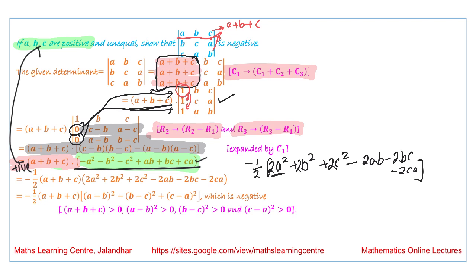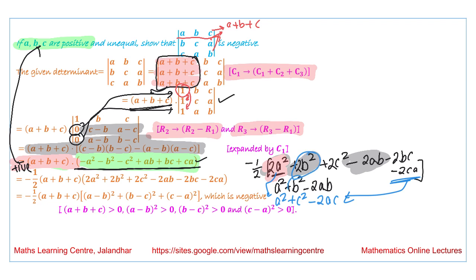We can write this as a square plus b square minus 2ab. We have a square 2 times over here, so we can write a square plus c square minus 2ac.